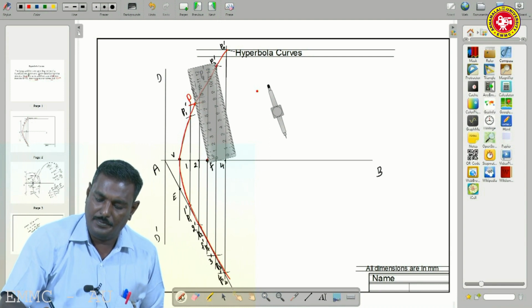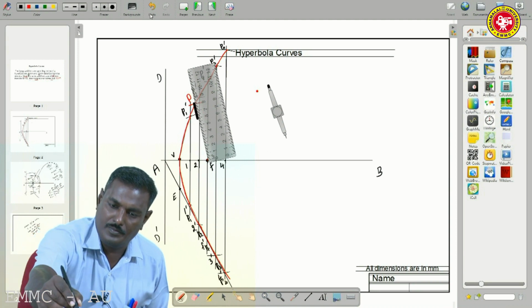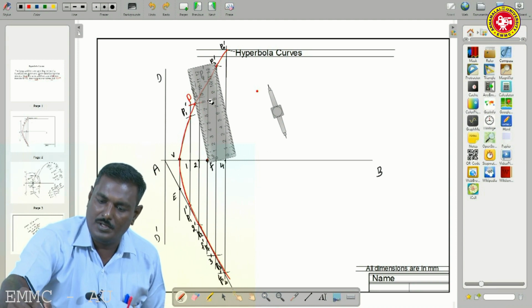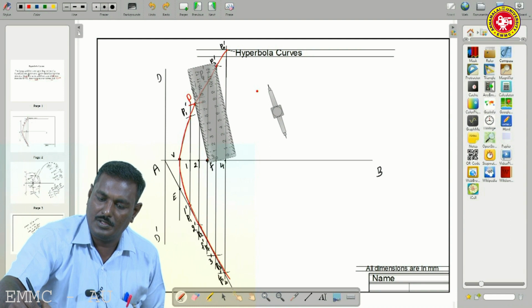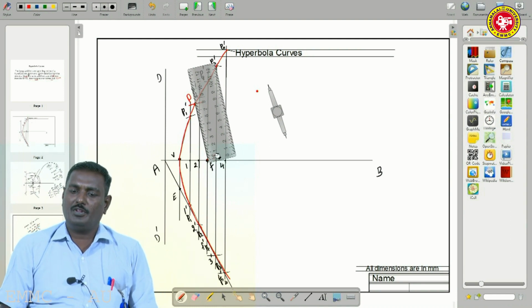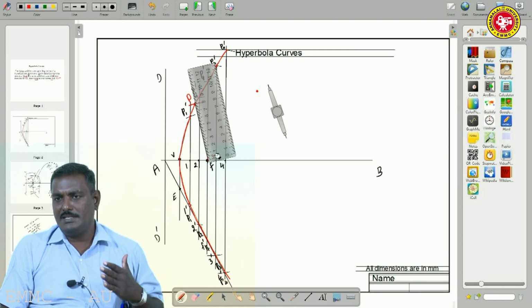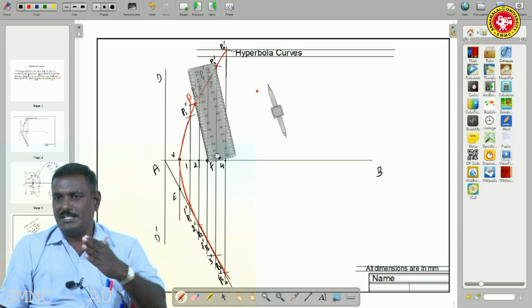So draw a line. So the next step, we have to draw the tangent. So how to draw a tangent? It is a tangent line, it touches the curve, it does not intersect.